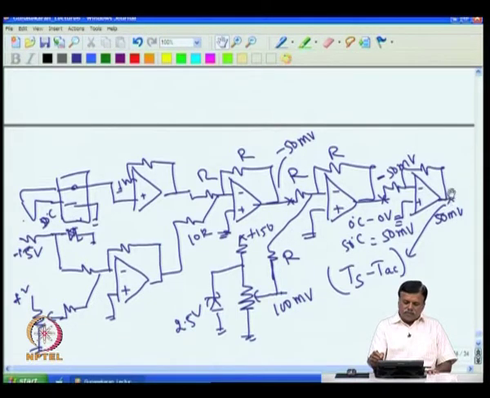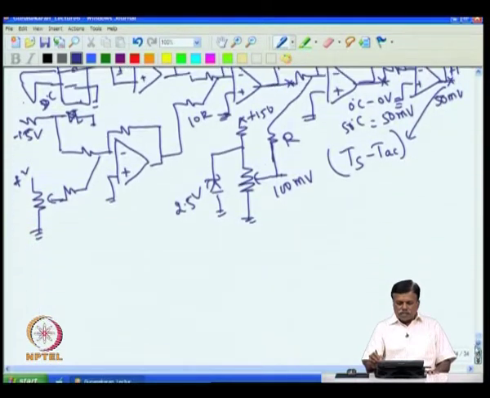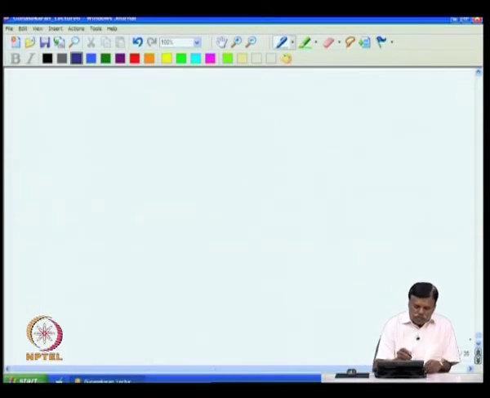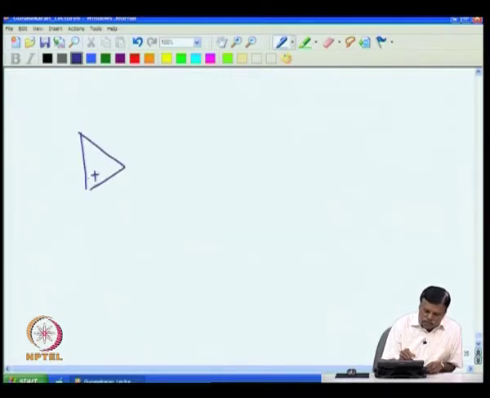So, what we do is this output, say I will name it as A, I should use it to drive the heater to complete the temperature control circuit. So, I will take this output from that inverter stage which we have drawn at the end, coming from the previous stage.